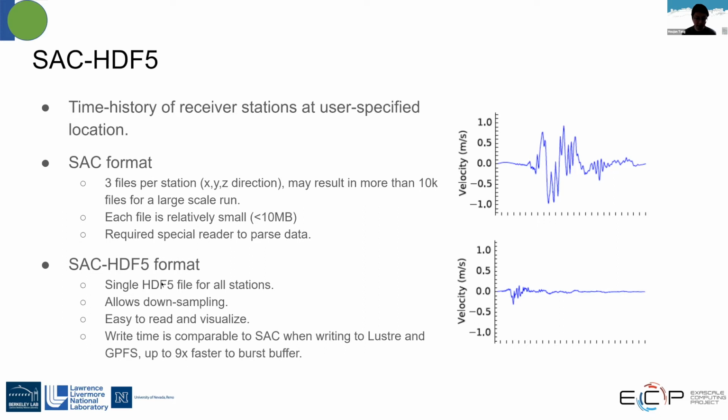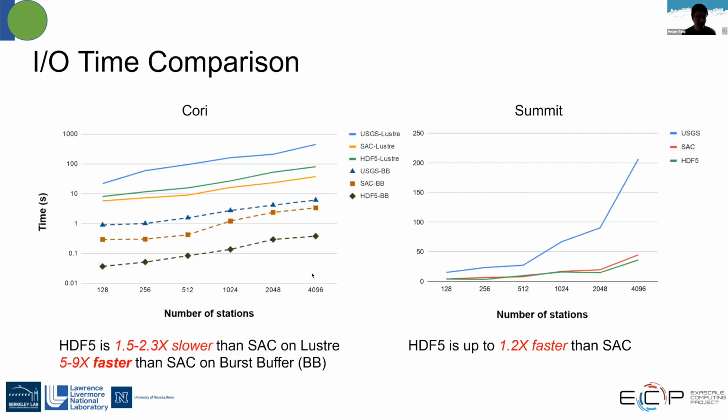Usually the simulation time stepping is very fine-grained, and the analysis may not need such a small time gap, so we can do time downsampling and make the resulting data smaller but still useful. We have some I/O time comparisons, and we can see the HDF5 implementation offers much better performance on both Cori and on Summit.